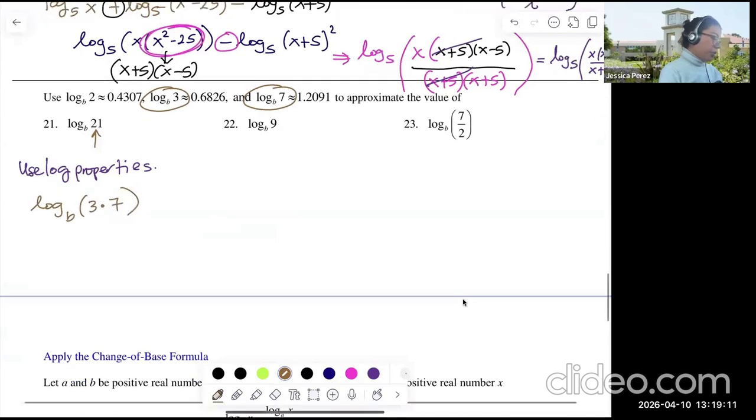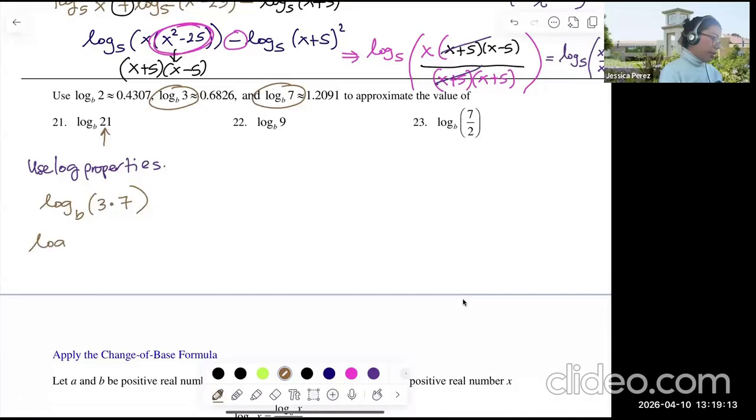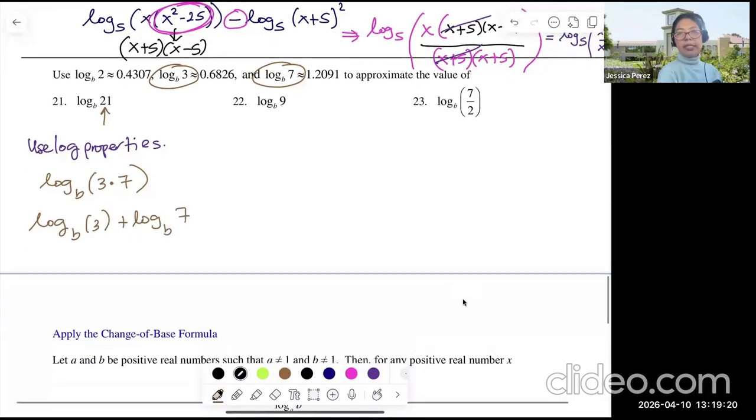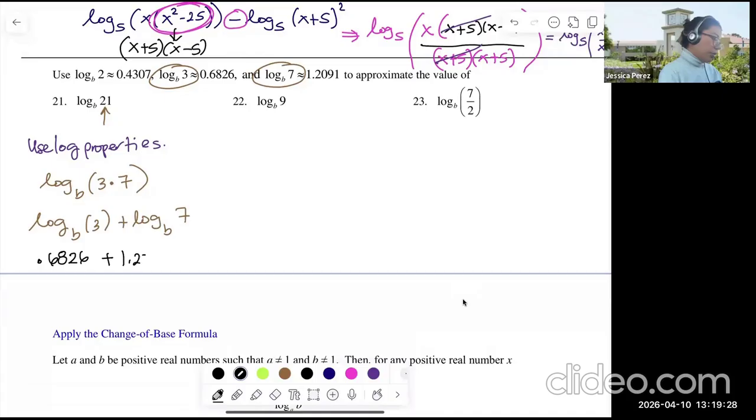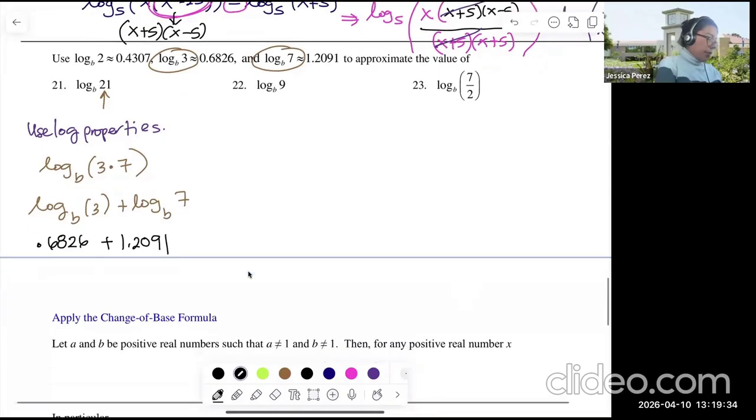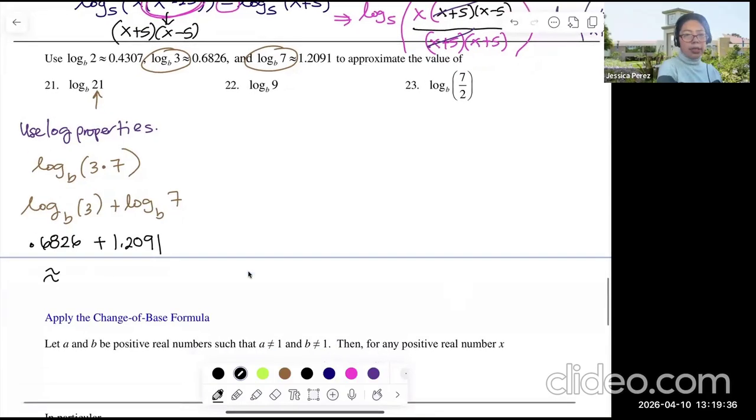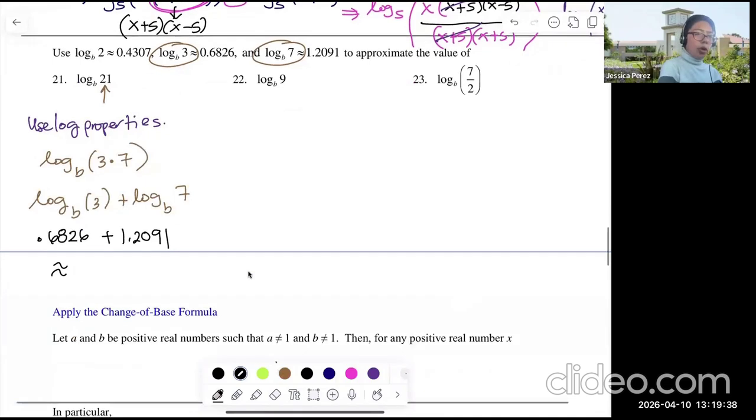Because I have a product, I can add log base b of 3 plus log base b of 7. I know log base b of 3 is 0.6826 plus log base b of 7 is 1.2091. So right now I'm using what I'm given. Let's add this. We're approximating, so approximately 1.8917.